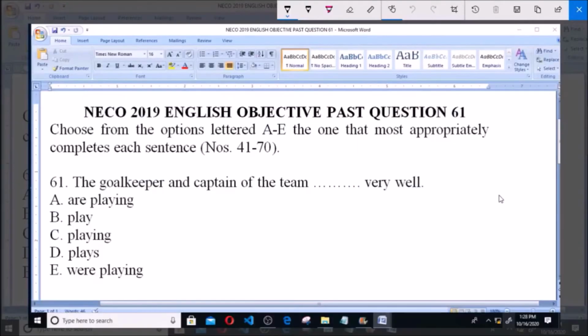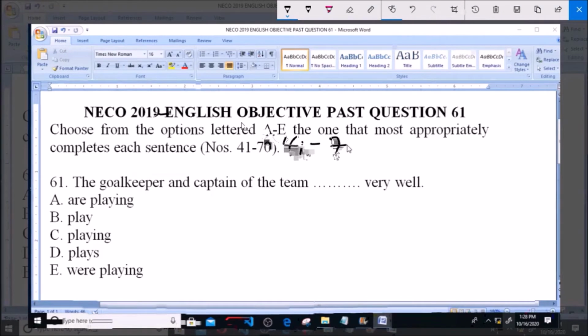Welcome, this is NECO year 2019 English objective past question number 61. The instruction to this question says choose from the options lettered A to E the one that most appropriately completes each sentence, to answer questions 41 to 70.